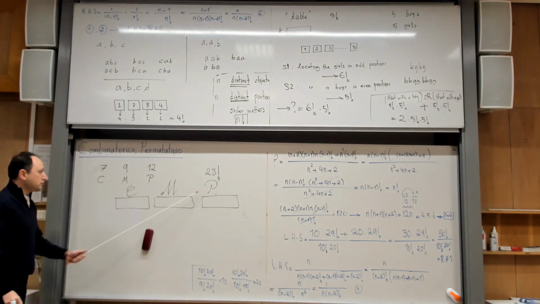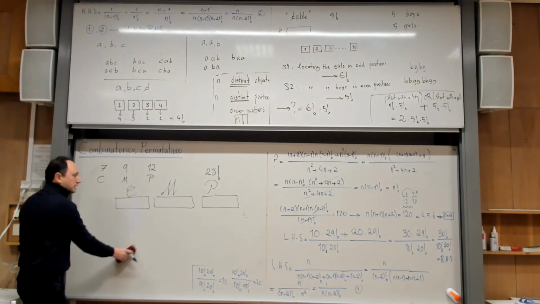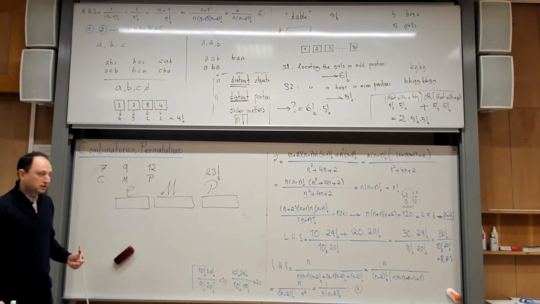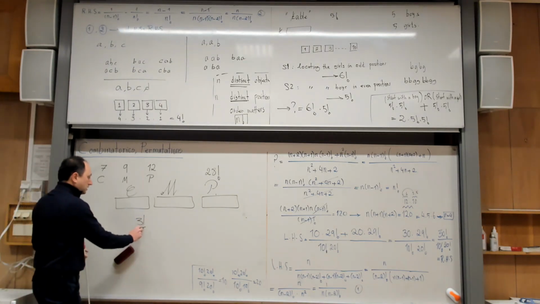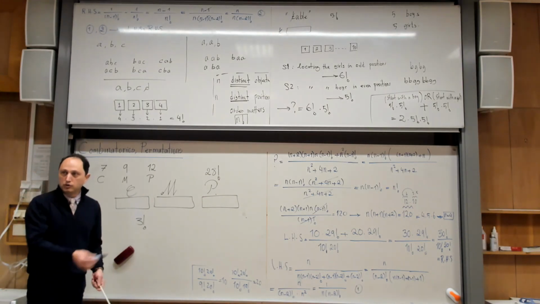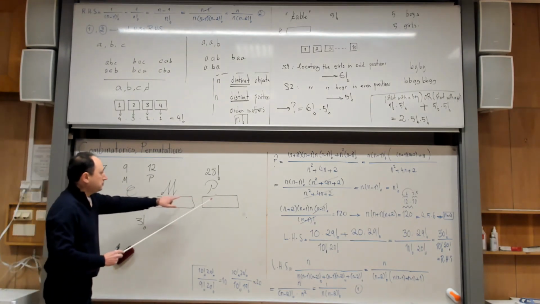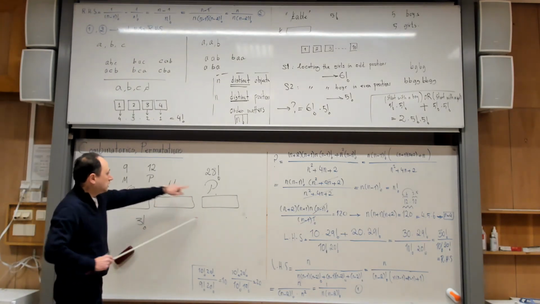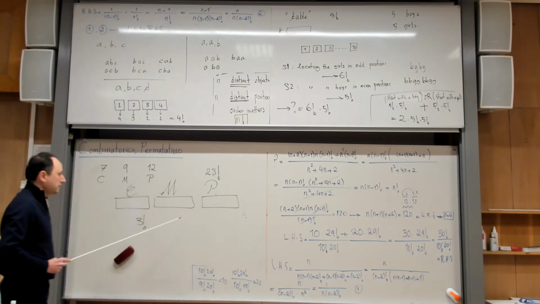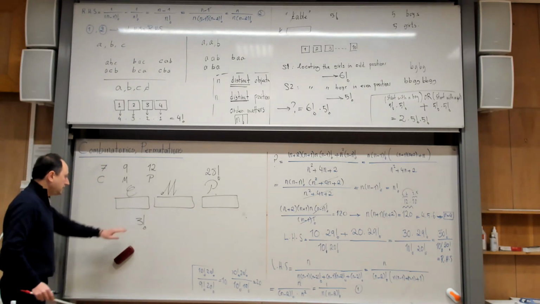So I have 3 letters, and I want to locate them. In how many ways can I locate them? 3 factorial, as simple as that. I have 3 objects and I want to arrange them in a row. I can start with C and put M and P here, or I can prioritize physics over mathematics, whatever. It is 3 factorial.